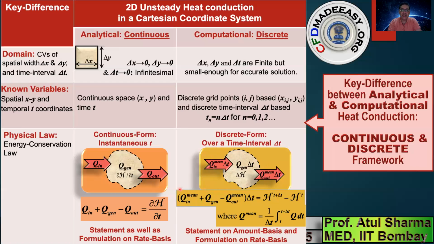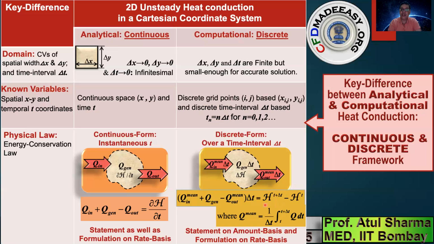So the amount of heat which is entering plus which is generated minus which is leaving is equal to the change in enthalpy. Note that you have studied in thermodynamics that heat and work are path functions, and enthalpy, entropy, and internal energy are point functions. So when enthalpy is a point function, we express the change of enthalpy as a function of end states.